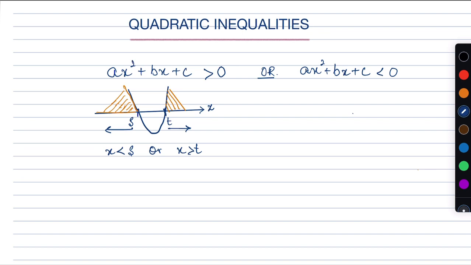On the opposite side, if the quadratic inequality ax² + bx + c is less than 0, then we are talking about the curve and the set of values of x, now called p and q, for which all the y values are negative and therefore below the x-axis.